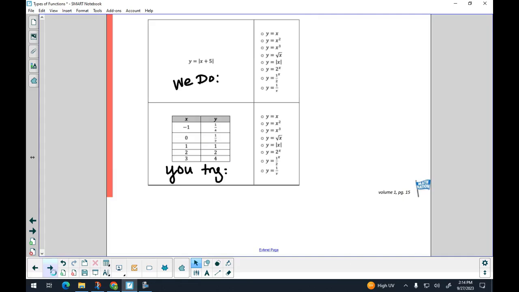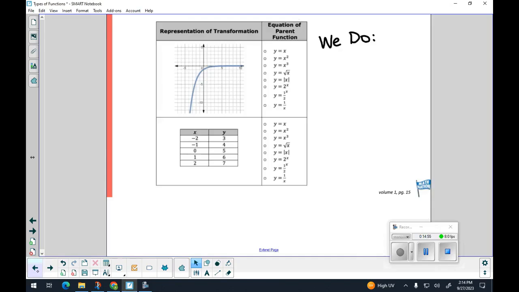So we're going to actually do this one first. Sorry about that, guys. Okay, so we're going to do the graph first. We're looking to figure out what the shape is.